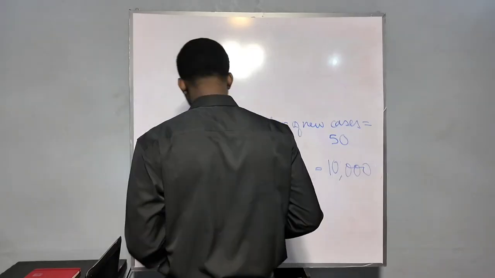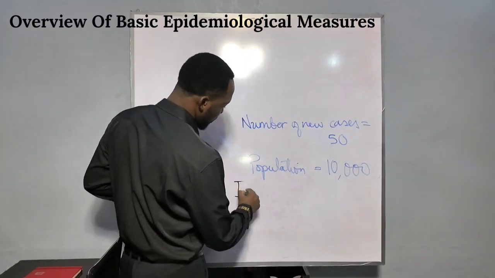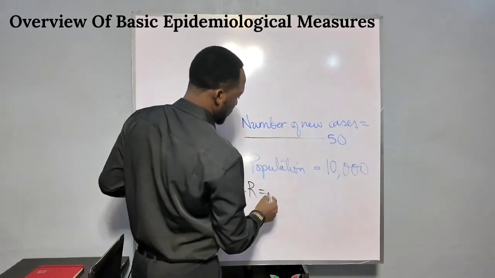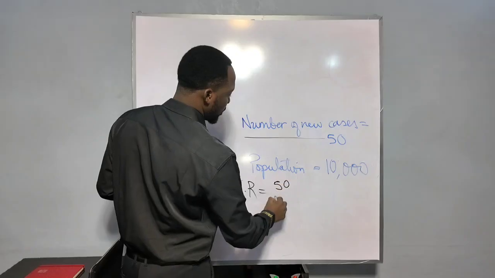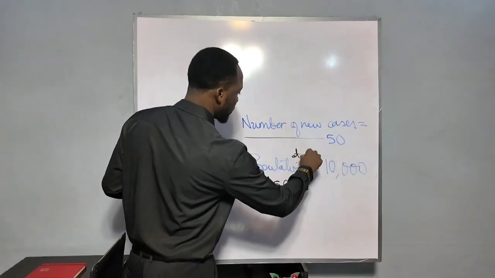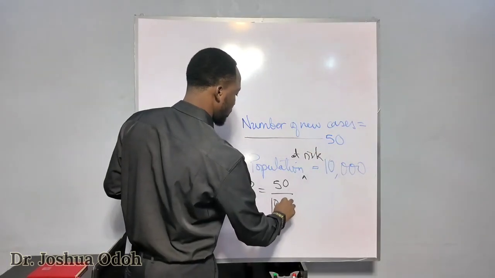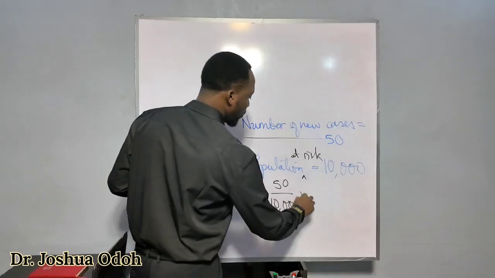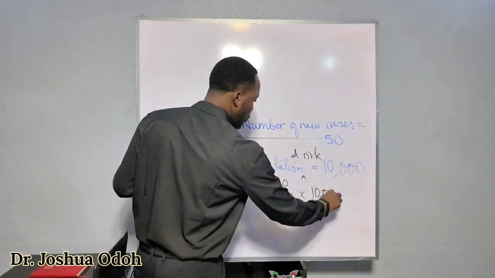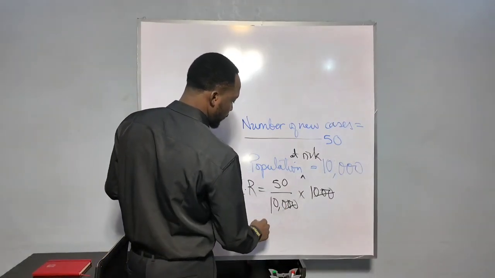So to measure incidence rate, let's take incidence rate as IR, it will be equal to the number of new cases, which is 50, divided by the population at risk, which is 10,000, multiplied by the multiplier, which in our case we've agreed to use 1,000. And so, of course, that gives you 5.